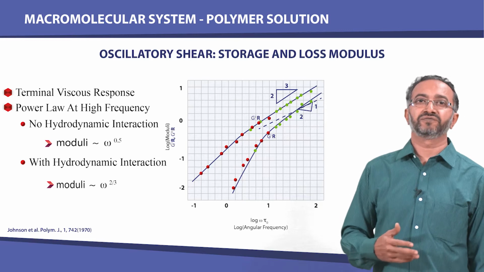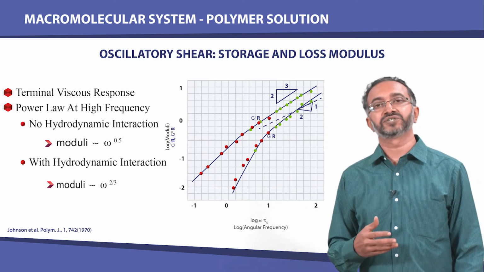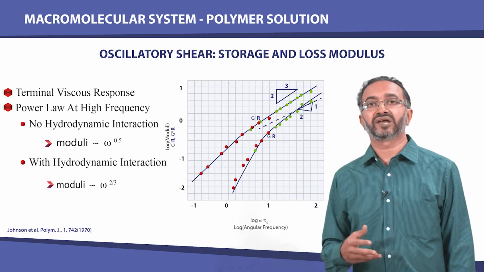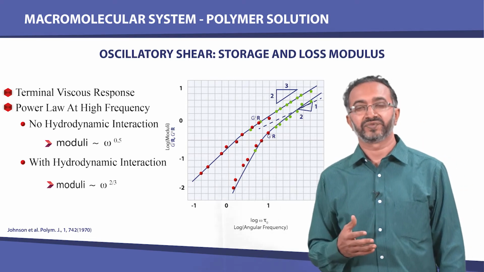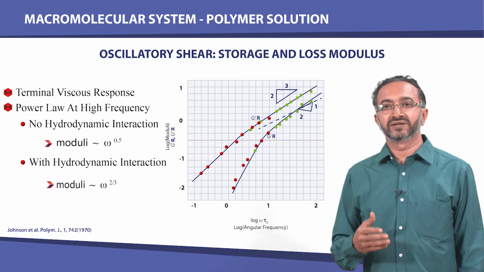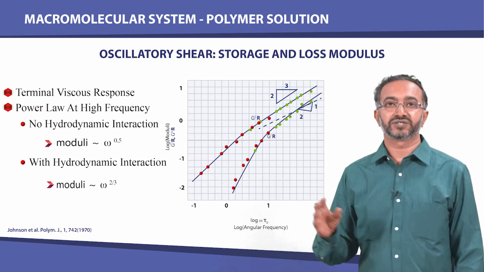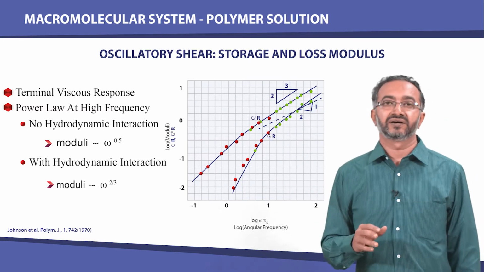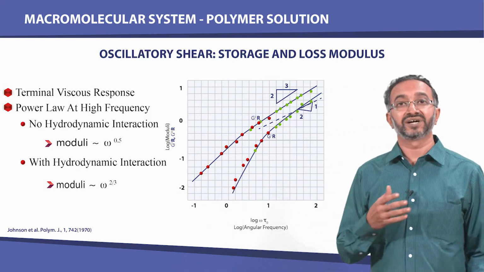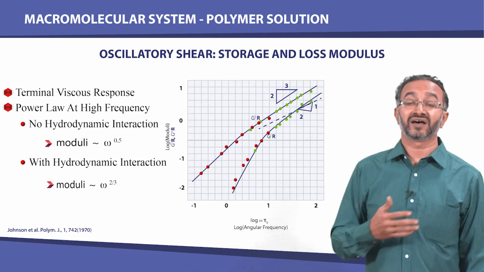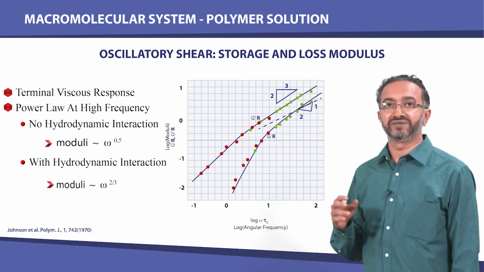The prediction of Rouse theory was that both storage and loss moduli will be functions of frequency to the power half. Clearly, since experiments such as the data shown here show an exponent which is not half, we know that other mechanisms are needed to explain this behavior.